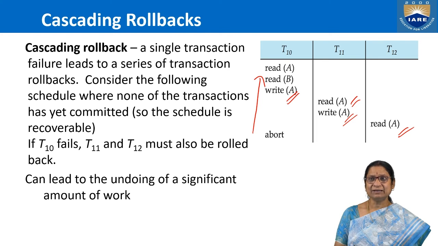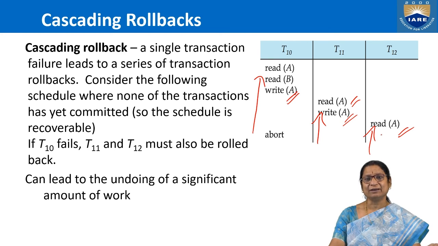Because of this undo, T11 also must be undone because it used what was written by T10. And whatever was written by T11 was used by T12, so T12 also must be undone. That means a series of undos, a series of rollbacks, have to be done.